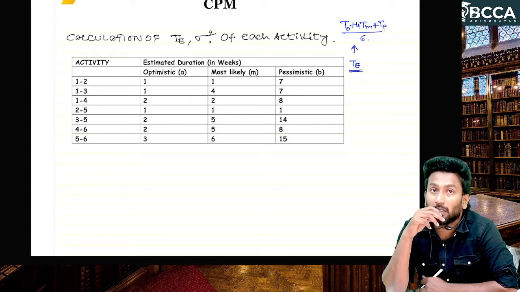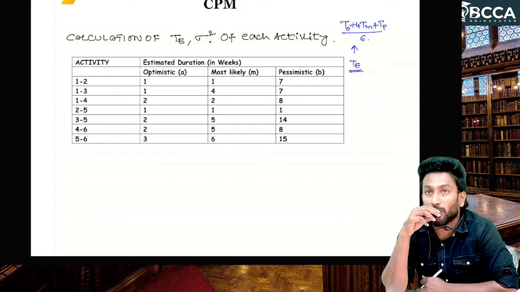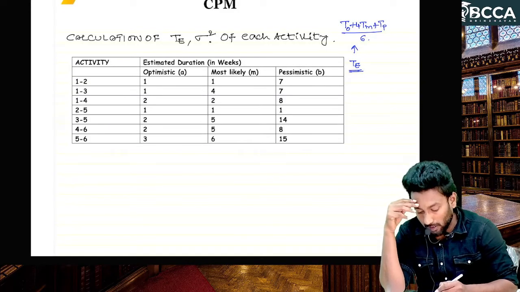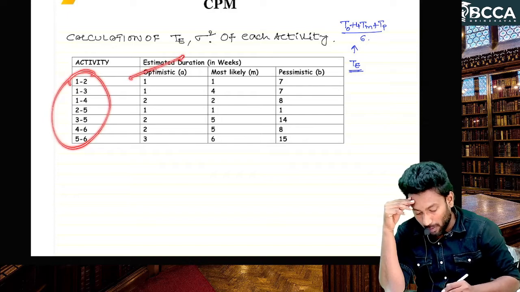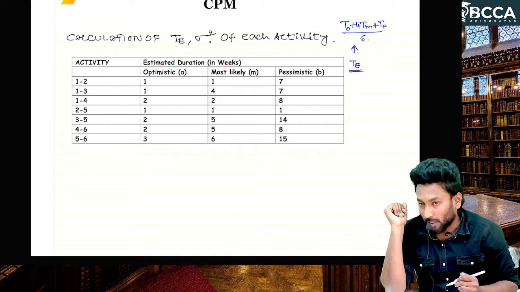Just copy that data from the question itself: activities, optimistic, most likely, pessimistic time.